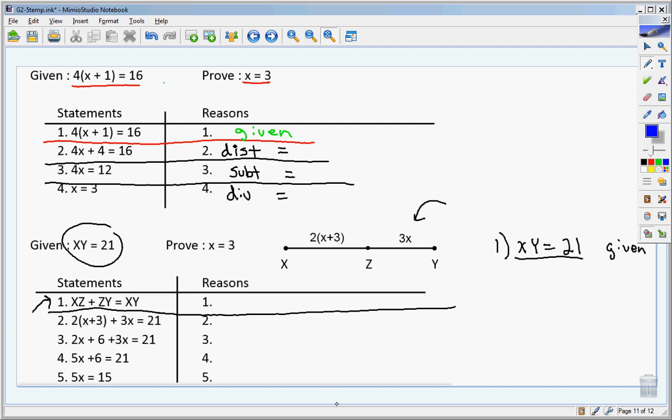It was a postulate that we talked about probably in 1-4, if I had to guess at what section it came out of. Maybe 1-3.